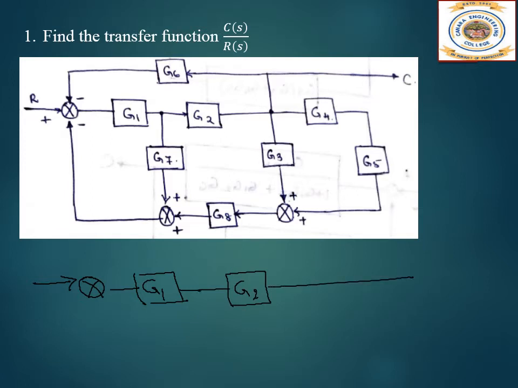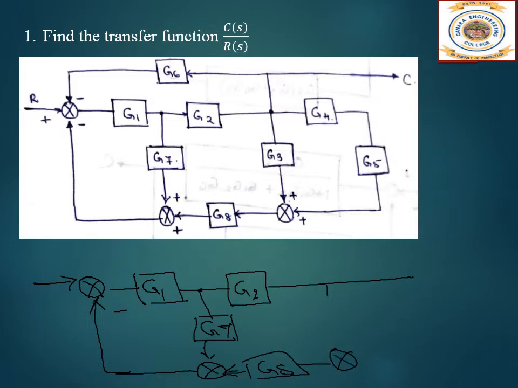Then in this part we have G7. We have this feedback over here and it is connected like this, negative. And here we have G8. Again another summation point over here. We have G3 connected.